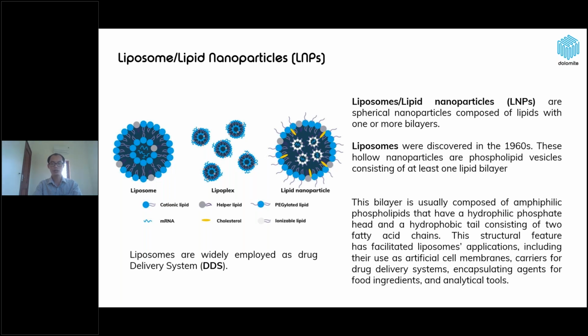These structural features facilitate liposome applications, including use as artificial cell membranes, carriers for drug delivery systems, encapsulating agents for food ingredients, and analytical tools.